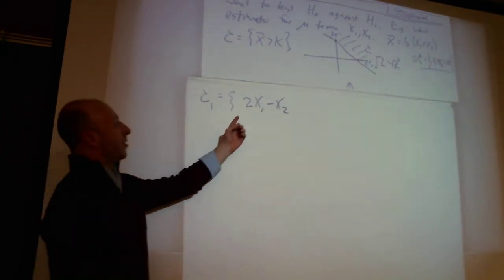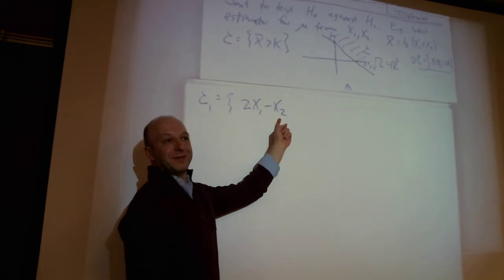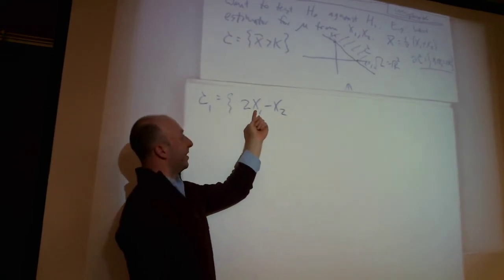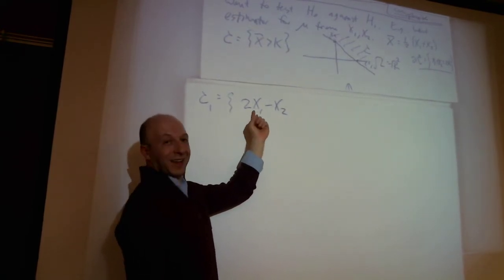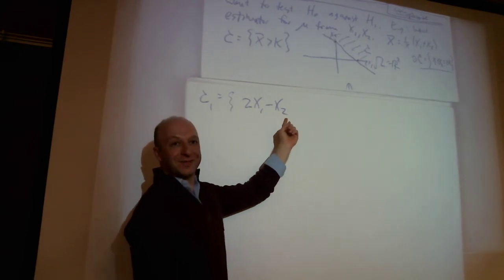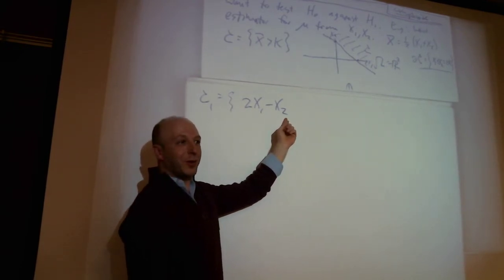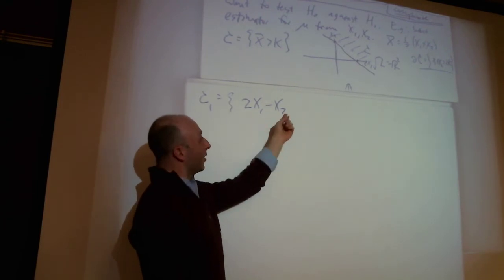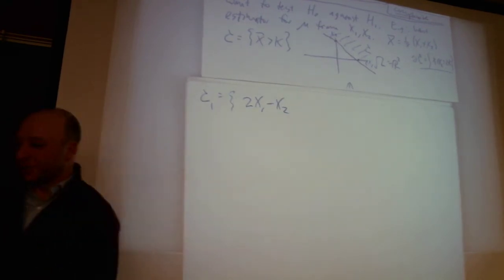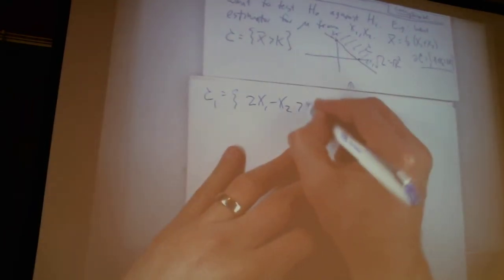What's the expected value of twice x1 minus x2? Mu. It's 2 mu minus mu. The expected value of this is also mu. So this is also an estimator for mu, and I could just as well test if this is bigger than k as my critical region.